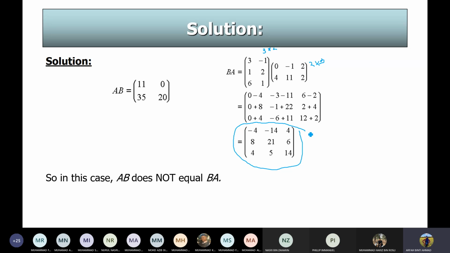Faham ni? Kita nak tengok sifat-sifat matrik. Faham, Fakrul? Okay. Faham, Cik. Ada soalan?